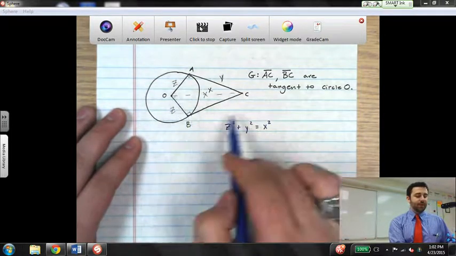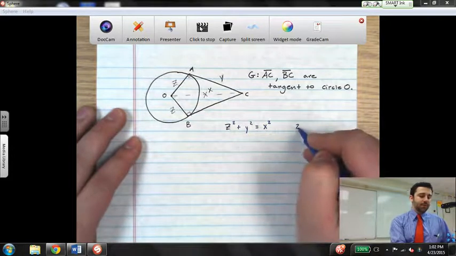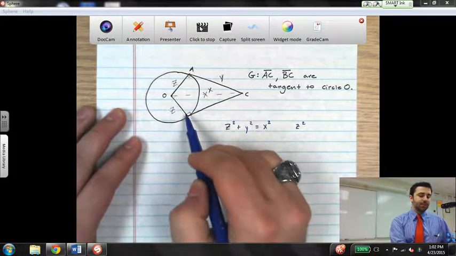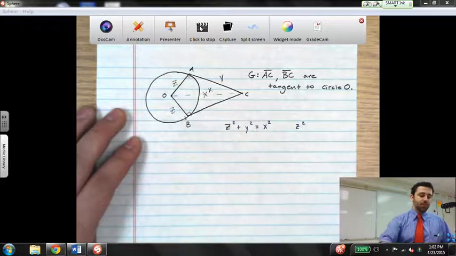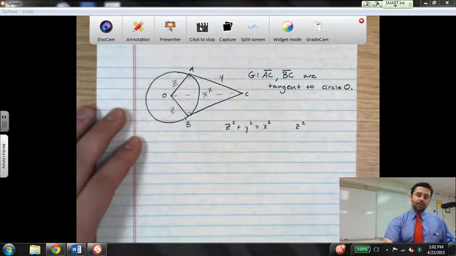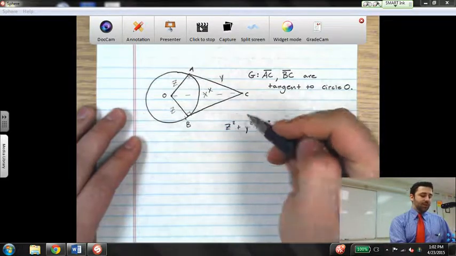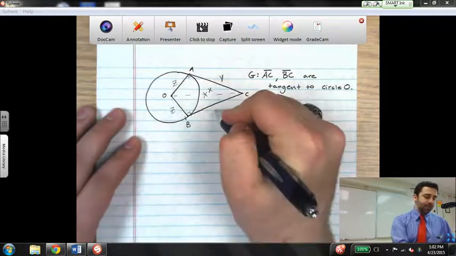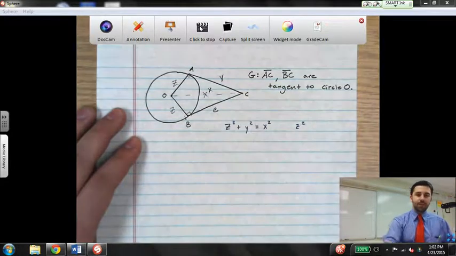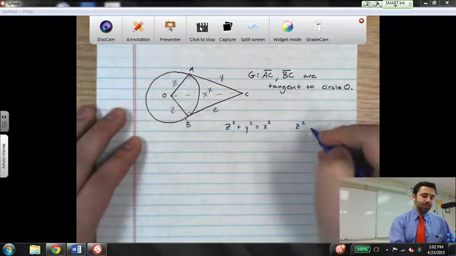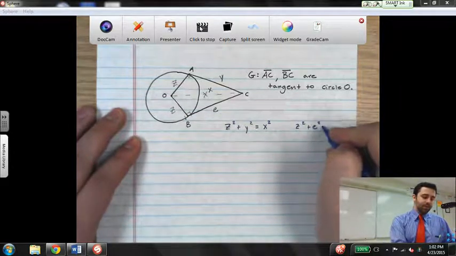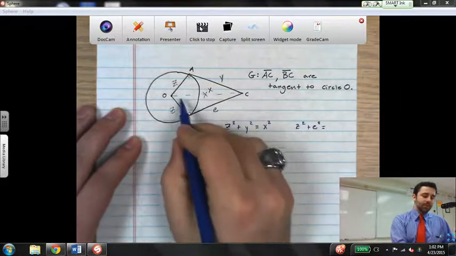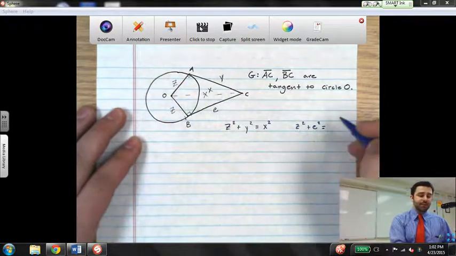Now for the bottom triangle, once again, Z squared, which I get from this radius, plus, we'll call this side E, so Z squared plus E squared equals, once again, that hypotenuse, which is a shared side, X squared.